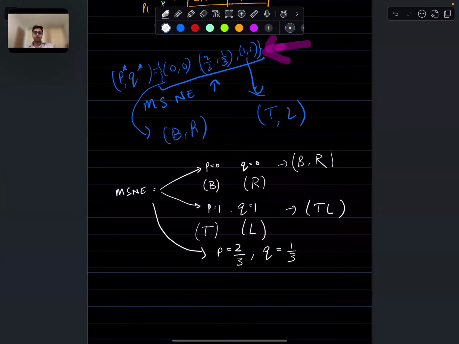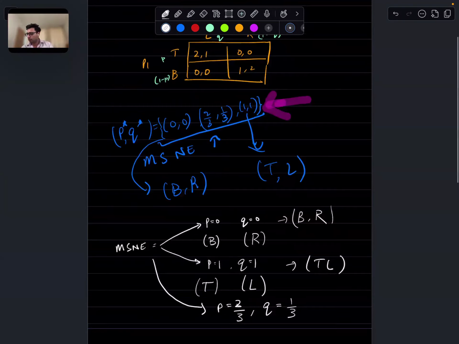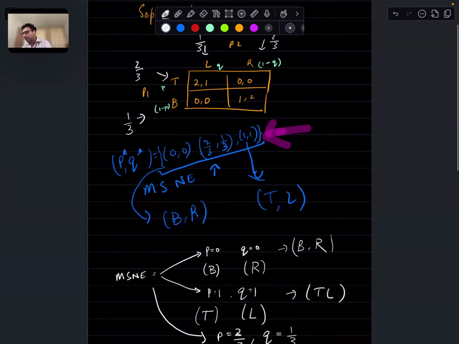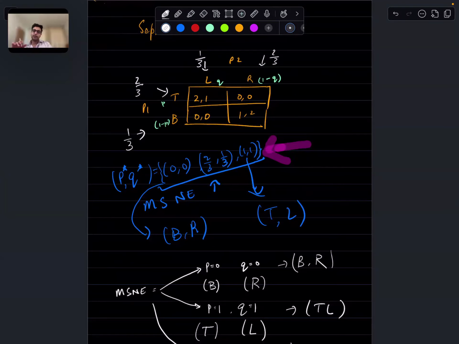Then there's this third one in which P equals 2/3 and Q equals 1/3. This is the new thing that we found when we considered mixed strategies. That means that top is played with a probability 2/3, and therefore bottom is played with a probability 1/3. Left is played with a probability 1/3, and right is played with a probability 2/3. The reason that players mix in this particular manner is in order to keep the other player indifferent.